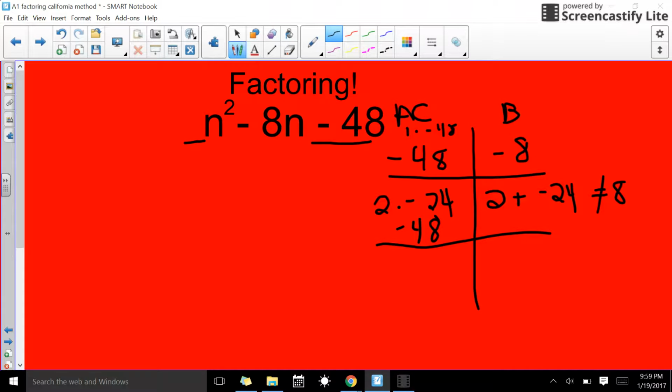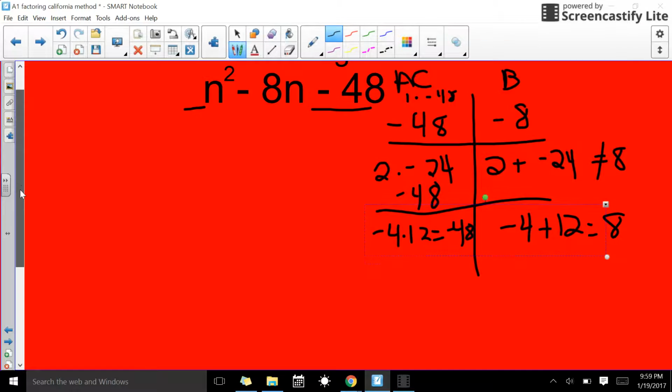Let's try 4. So we have -4 times 12 equals -48, and -4 plus 12 equals +8. But we're looking for a -8, so let's try changing those signs around. Let's try 4 times -12. We get -48.